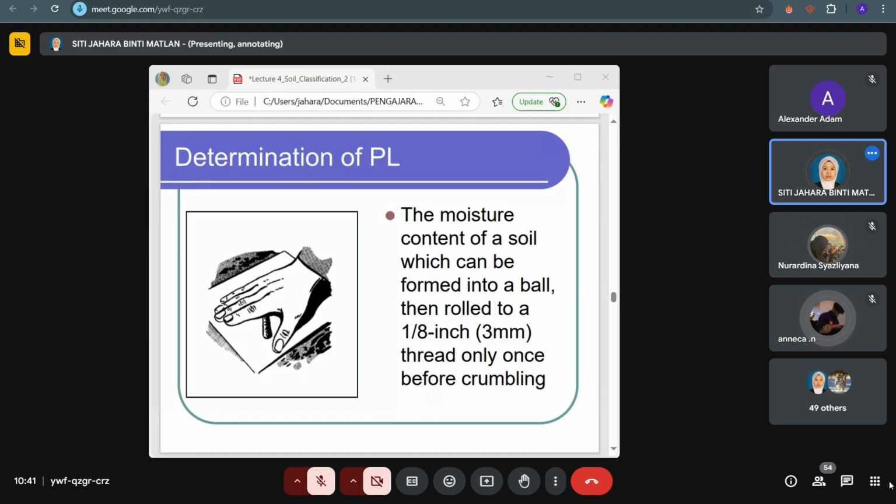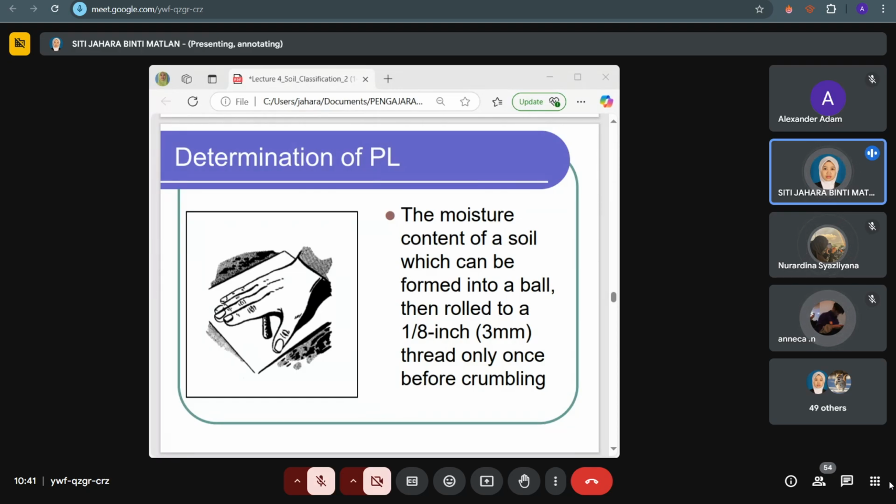Then we roll it into a ball, then flatten the ball and roll it out into a thread of 3 mm in diameter. Keep rolling the thread until it crumbles. After it starts to crumble, we take the sample and then measure the water content.